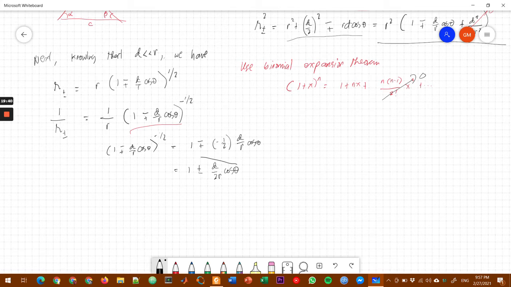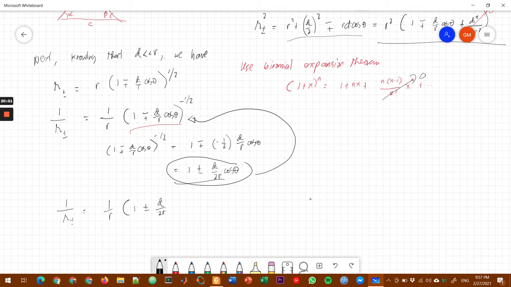Substituting it here, 1 over R plus/minus becomes 1 over R times 1 plus/minus d over 2R cosine theta. I hope you're following.